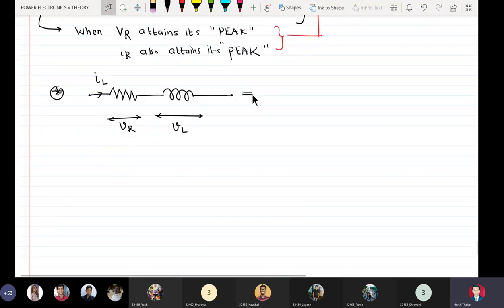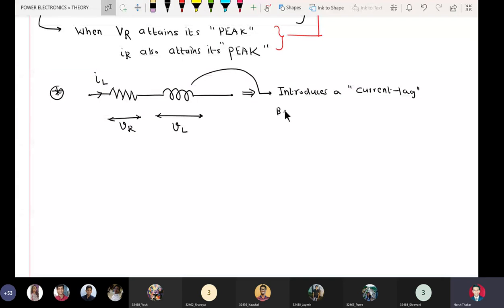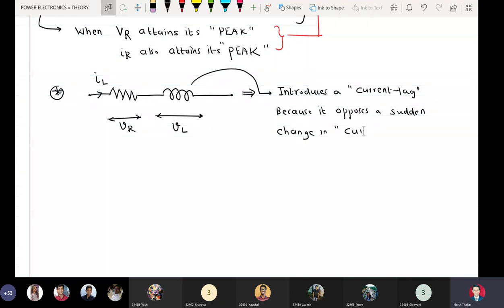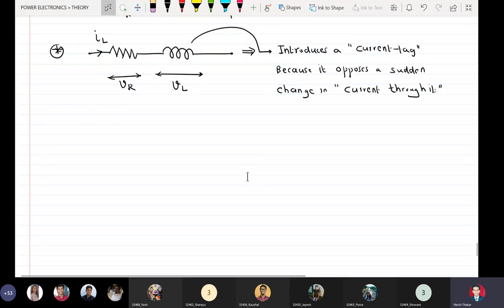We know that this component, the inductor, introduces a current lag, because it opposes a sudden change in current. So the inductor introduces a current lag.